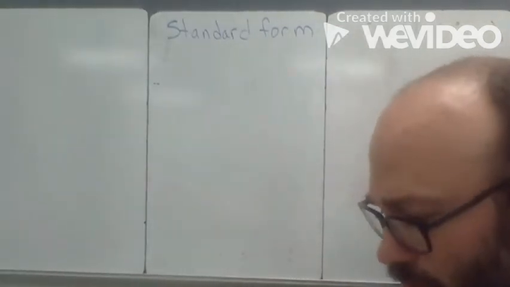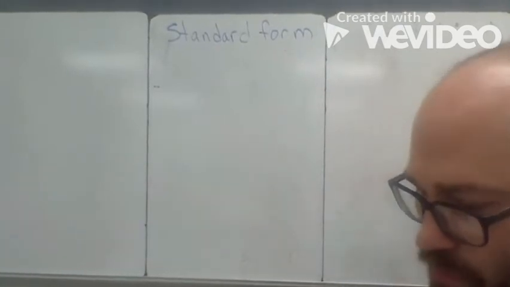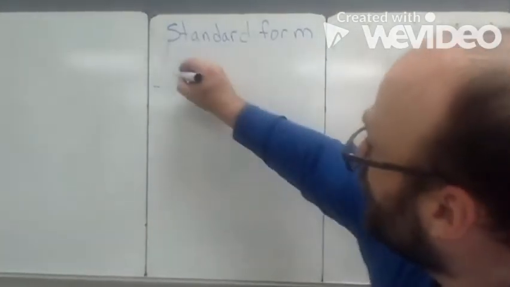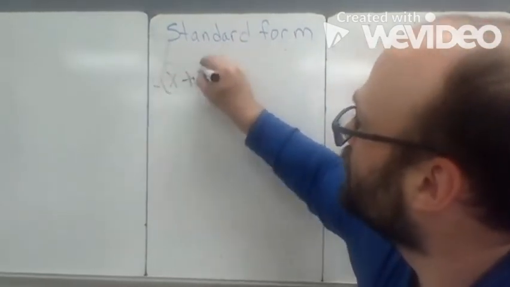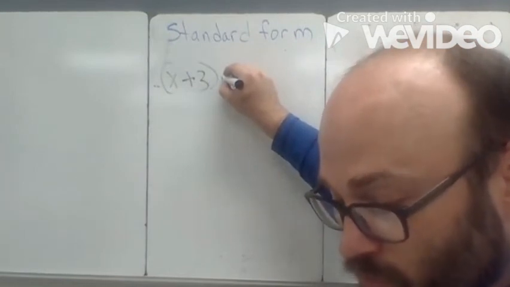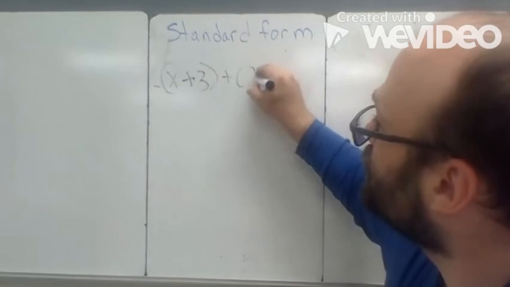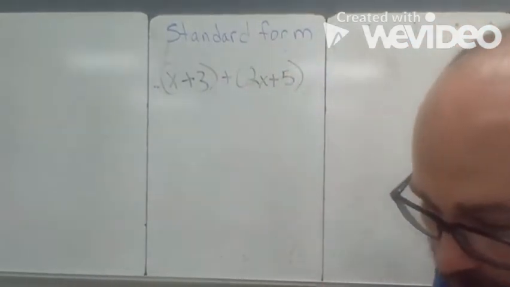All right, so let's see here. Let's do x plus 3, that quantity, plus the quantity 2x plus 5. So try that one.